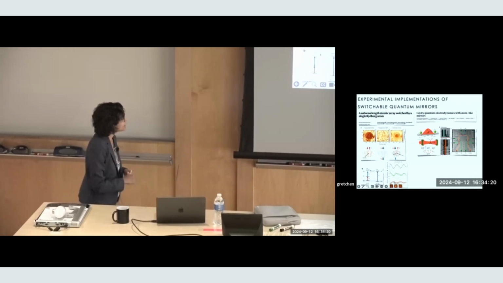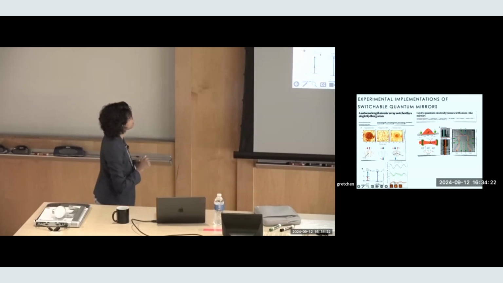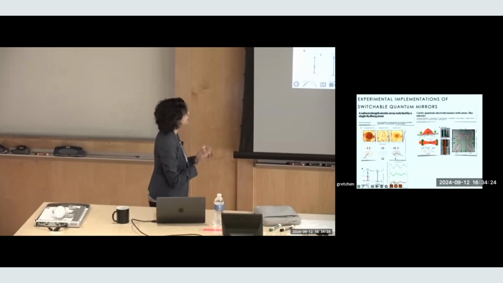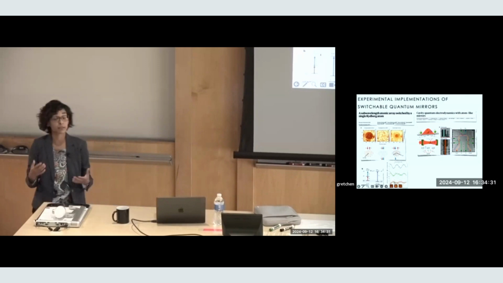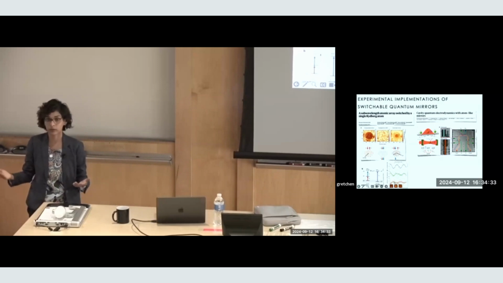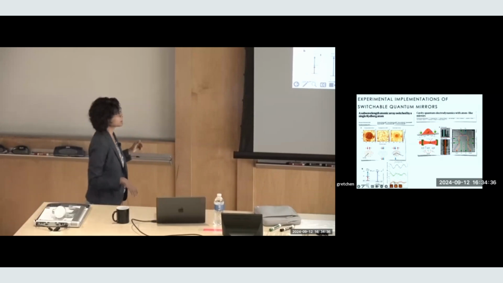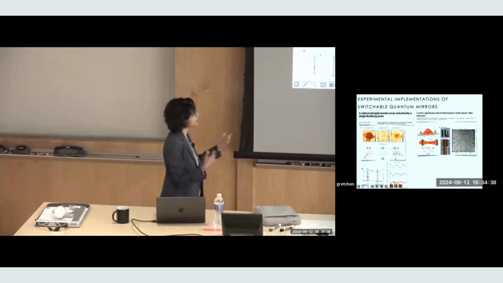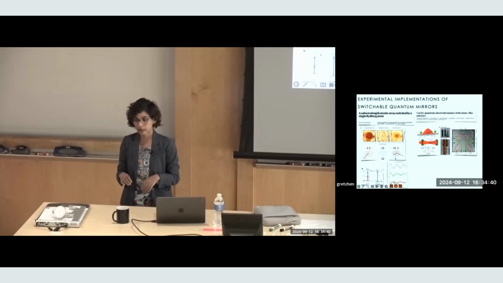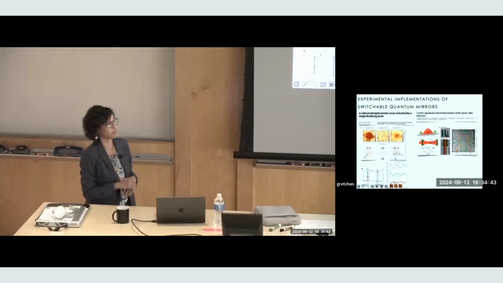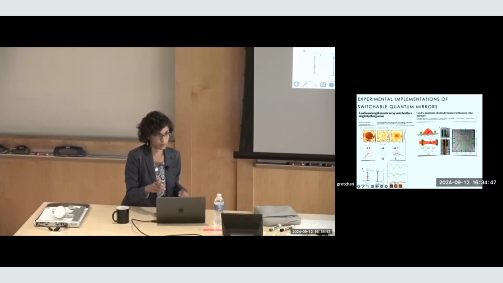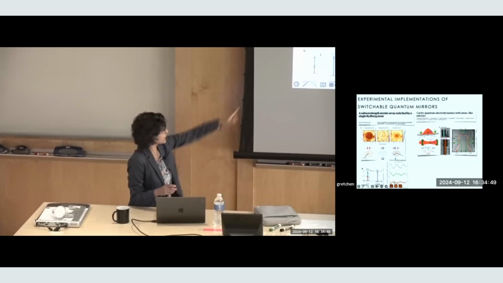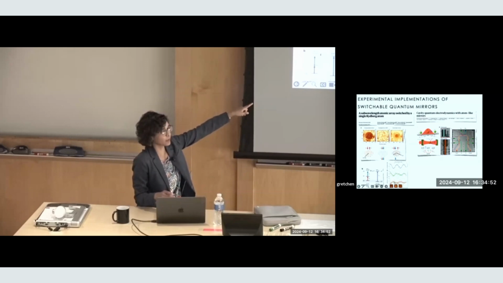So just last year, actually, there was this experiment in Munich where people demonstrated a coherently switchable array of Rydberg atoms that can behave as a mirror. And similar ideas have been illustrated in a superconducting circuit system as well. Rydberg atom to a waveguide? Oh, this? Yeah. That's circuit QED. Oh, circuit QED.